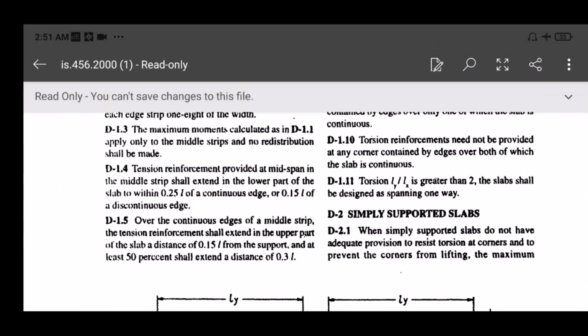Now look, as per IS code provision, Annex D of IS 456-2000, clause number D 1.4, tension reinforcement provided at midspan in the middle strip shall extend in the lower part of the slab to within 0.25 L of a continuous edge or 0.15 L of a discontinuous edge. So it depends upon this edge condition.